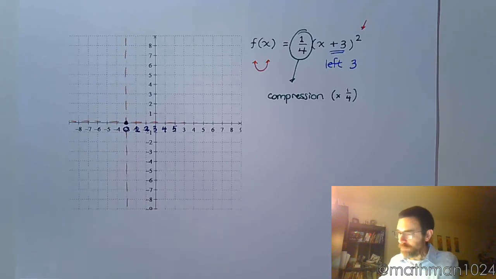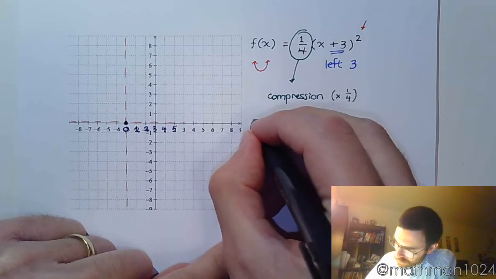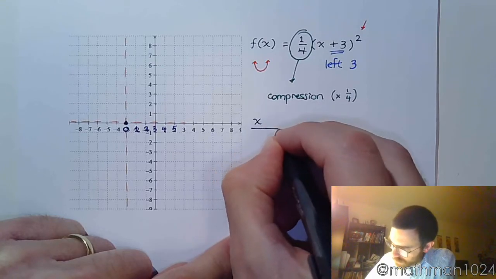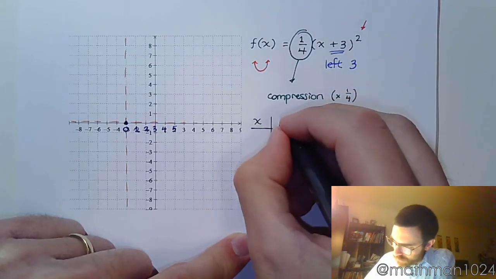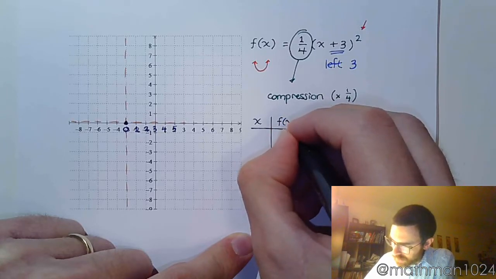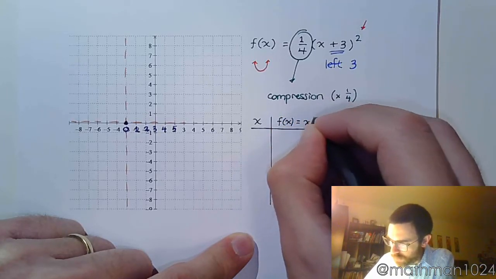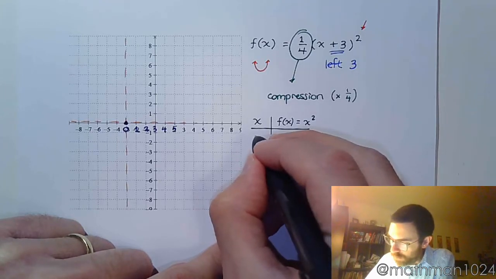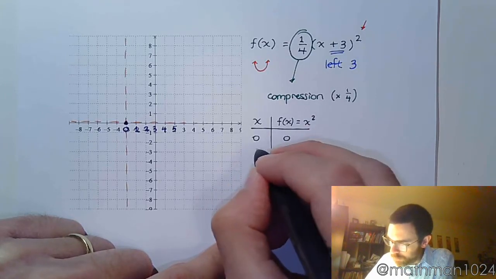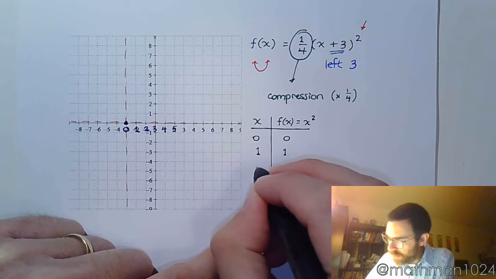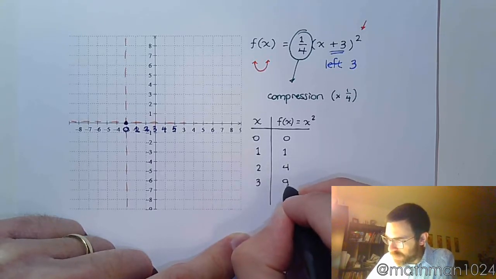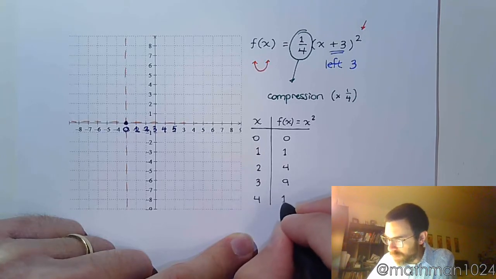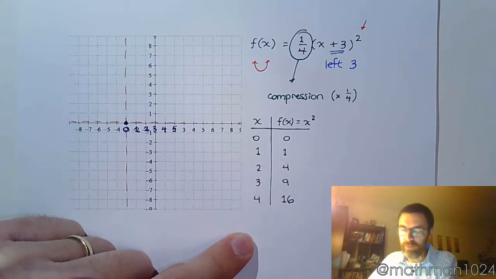So think about the key values that we have here. So you've got x, and when you have f of x is equal to x squared, what do we have? You plug in 0, you get 0. You plug in 1, you get 1. 2 gives you 4. 3 becomes 9. 4 becomes 16, and so on.